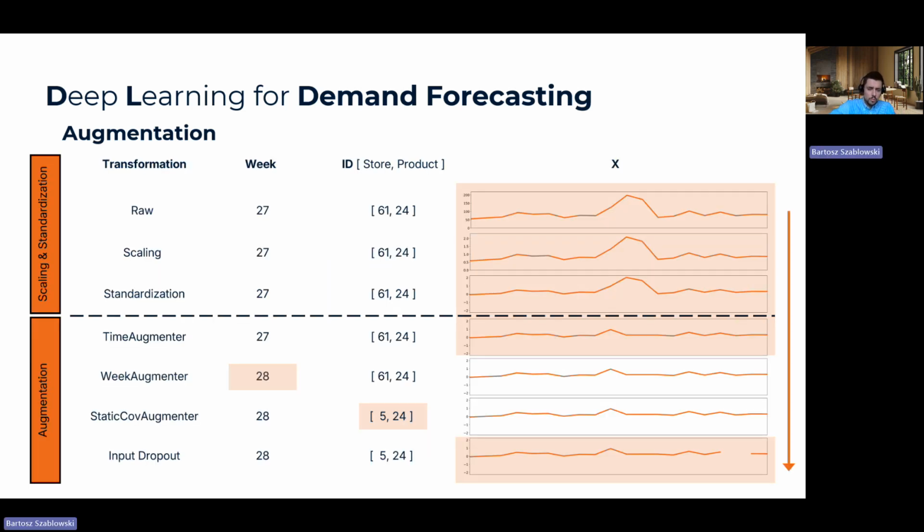Here you can see which operations happen step by step for network inputs. First, scaling based on this dynamic scale factor, then standardization, where the mean and standard deviation are only computed from the training set. And next, we move to augmentation. The key point is that the augmentation is not applied to all store product combinations. For each observation in the batch, we randomly decide whether augmentation will be used at all.